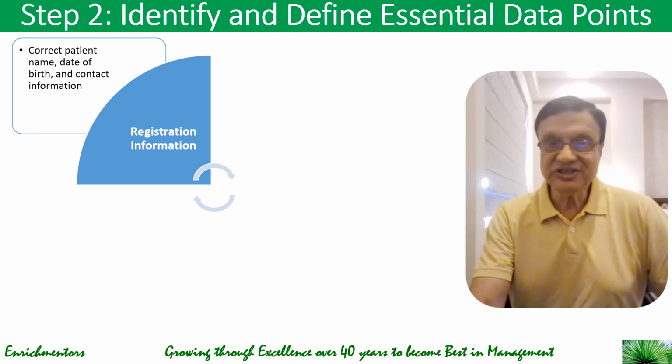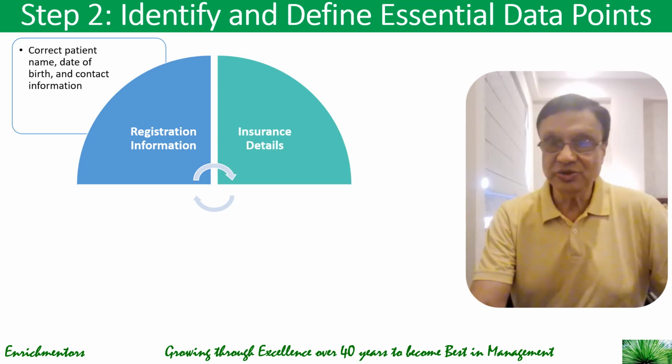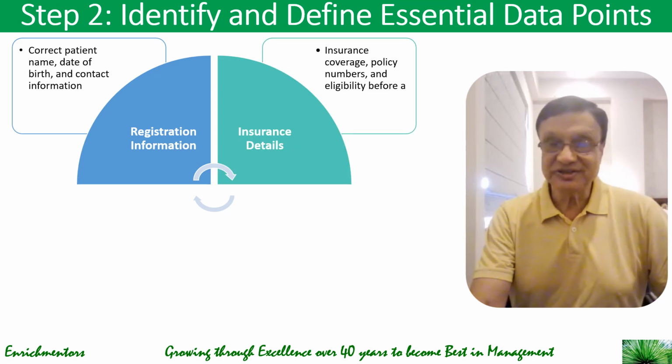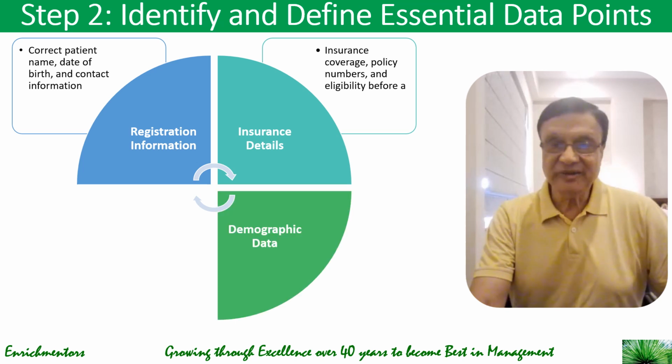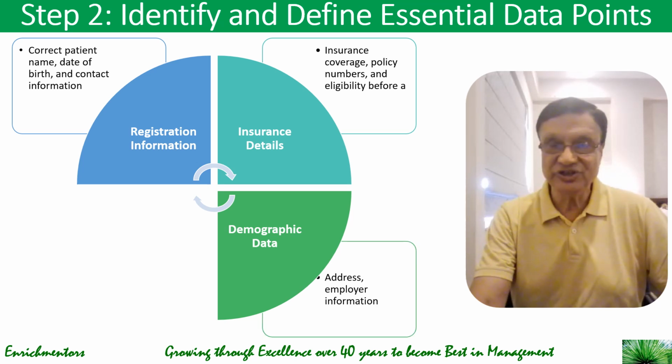The second thing is about insurance details, where you need to explain how validating insurance coverage, policy numbers, and eligibility before the visit prevents costly denials and delays. Third is the demographic data, where you need to explain how demographic data like address, employer information, etc., is critical for claim accuracy and submission and meeting regulatory compliance.